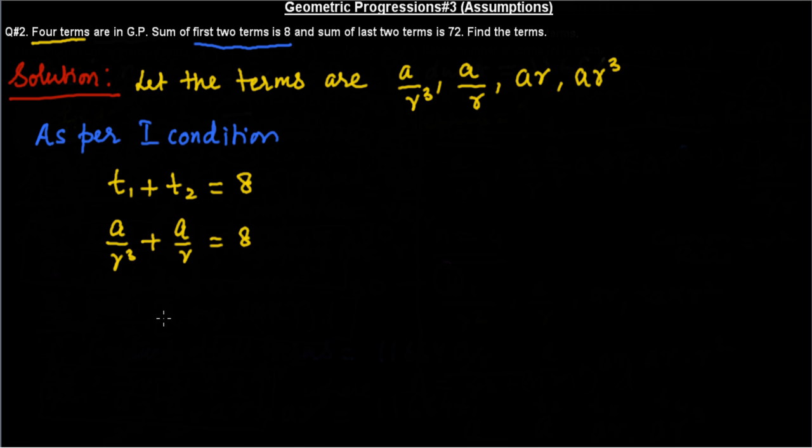Taking A outside, we get A times (1 upon R cube plus 1 upon R) is equal to 8.